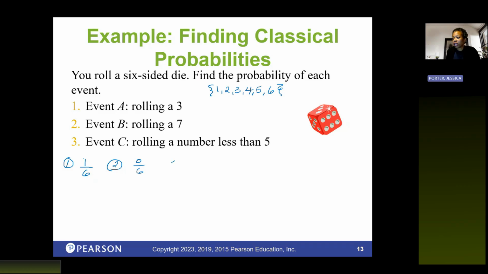What about rolling a number less than 5? It's out of 6, but what number would we use for less than 5? Yep, 4 out of 6, because there are 4 numbers out of the 6. So you guys, this is pretty straightforward for you. Awesome. No stumpers here.